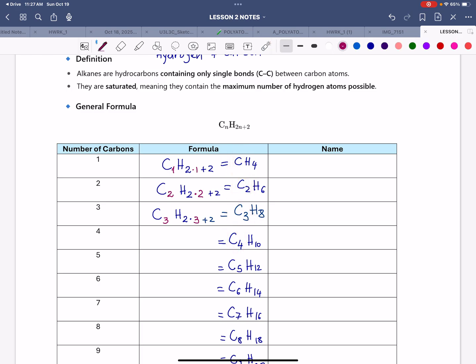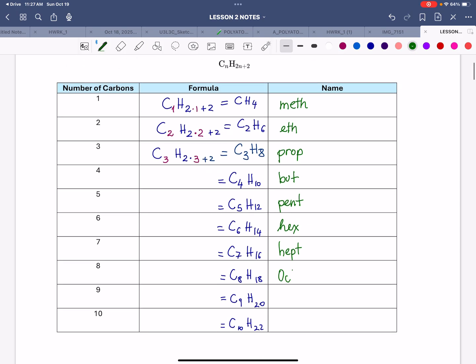For 1 carbon, we have the prefix meth. 2 carbons, eth. 3 carbons, prop. 4, but. 5, pent. 6, hex. 7, hept. 8, oct. 9, non.